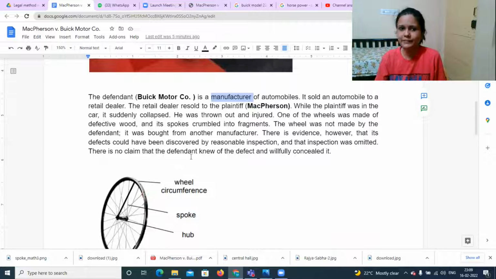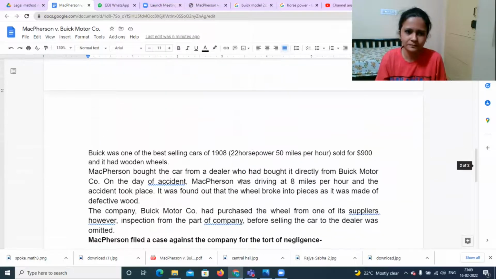There is no claim that the defendant knew of the defect and willfully concealed it. It's not like Buick Motor Company knew that these wheels were made of defective wood and sold it anyway; they were not aware. But if they had taken proper steps, done the inspection, they would have come to know about it. It was such a kind of defect.